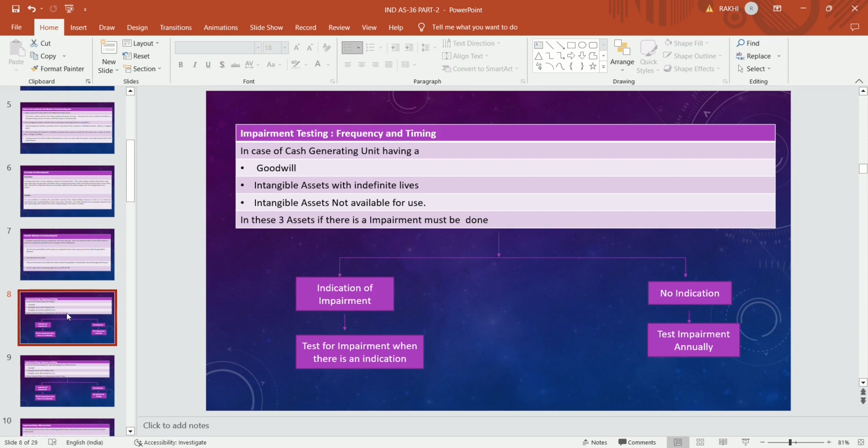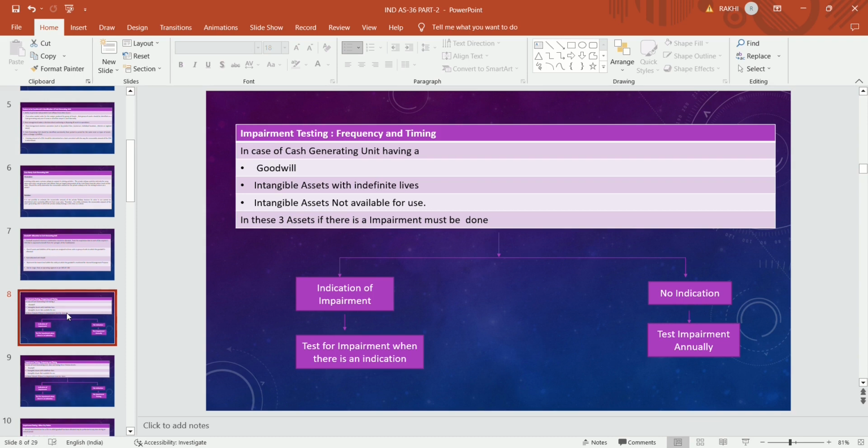If there is an indication, then impairment testing is to be done. If there is no indication of impairment, then also impairment testing is to be done annually. And if the indication exists, then test for impairment when there is an indication.